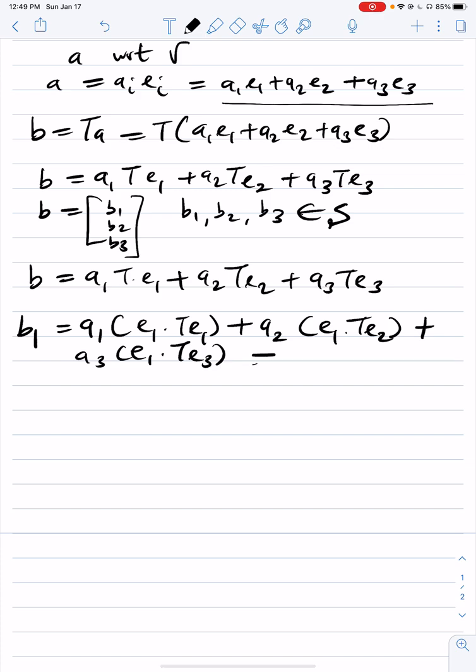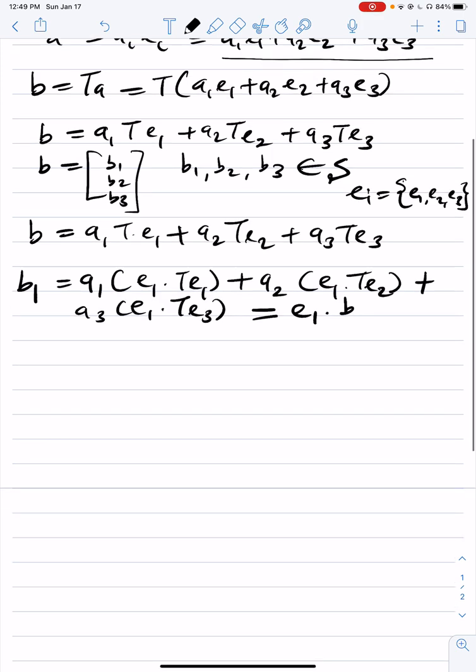This B1 is a component, and how we get that is the unit vector dot product with the complete vector B. So that's E_i, basically E1, E2, E3. So this is just the component B1.